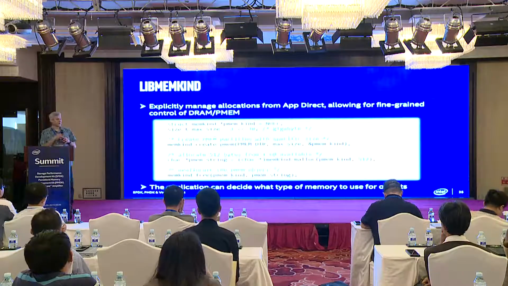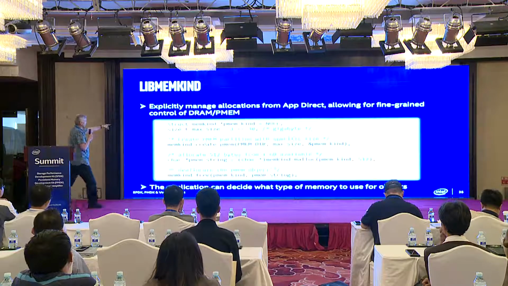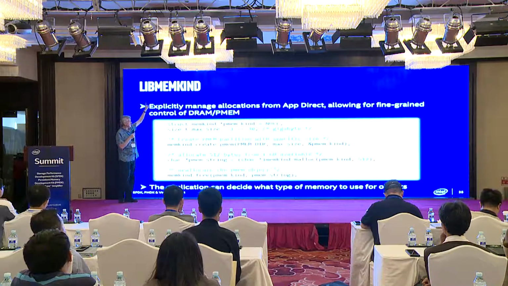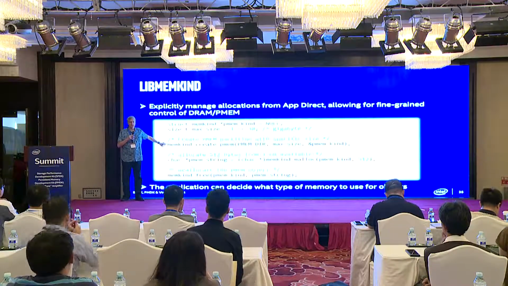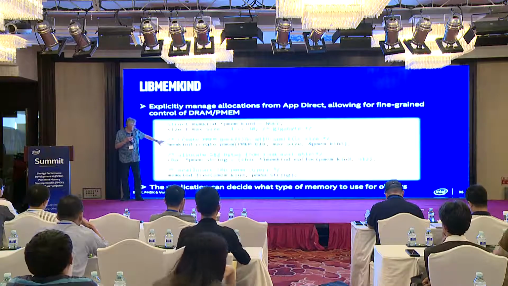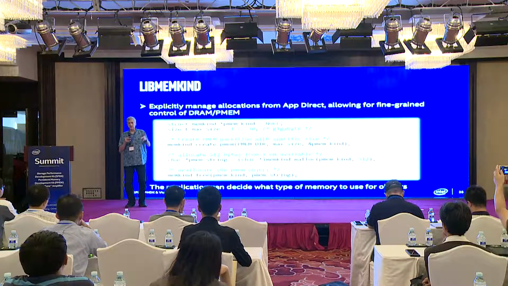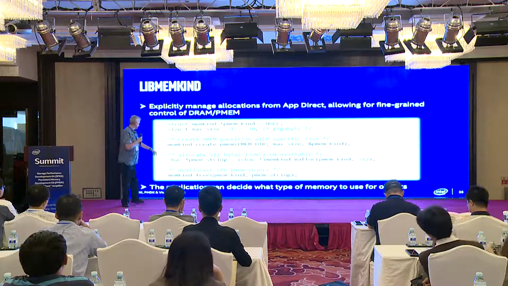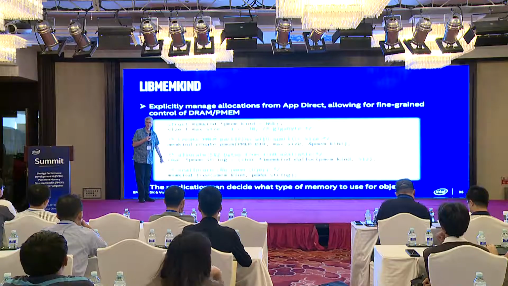By the way, I put an example of code in the slides. I forgot about that. This is what it looks like to use that library, libmemkind. Here I am calling memkind create pmem, which just creates the kind. And then, if you're a C programmer, you might be used to calling malloc and free for dynamic memory. But with memkind, it's called memkind malloc and memkind free.